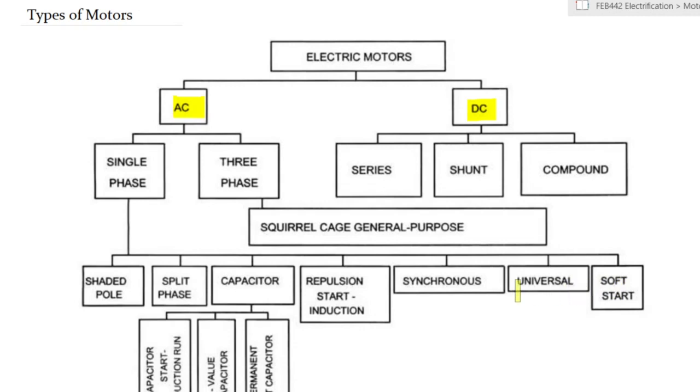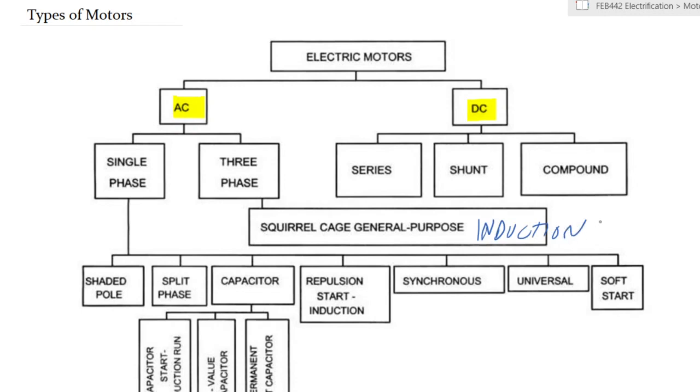This classification is based on the principle of operation of these types of motors. In this case, we will be looking at three-phase and single-phase motors. The three-phase motors we'll be looking at are what we call squirrel cage general purpose. These are also known as induction motors.